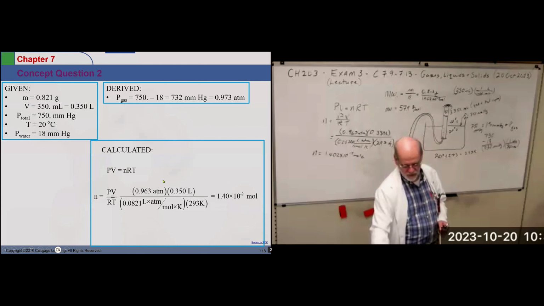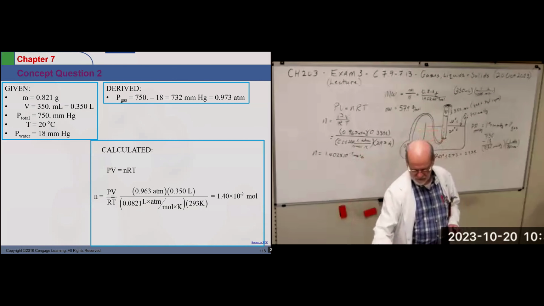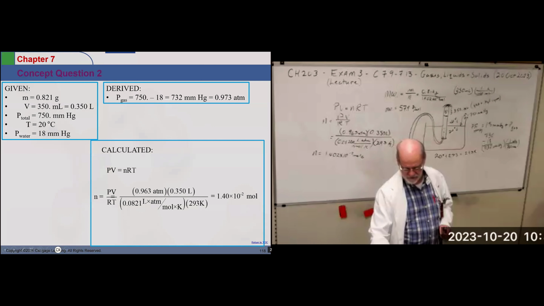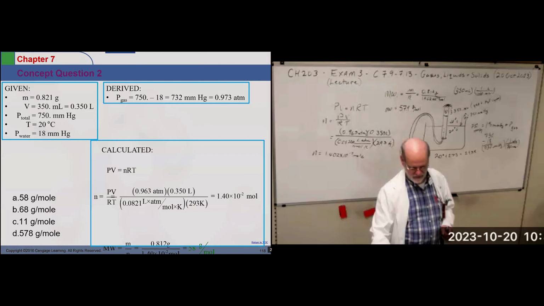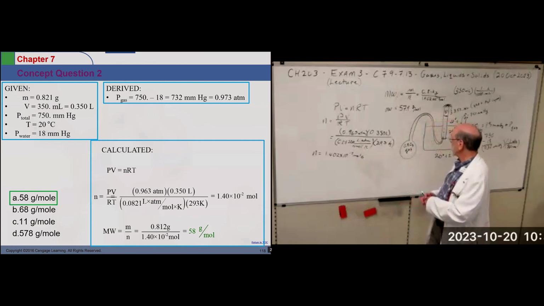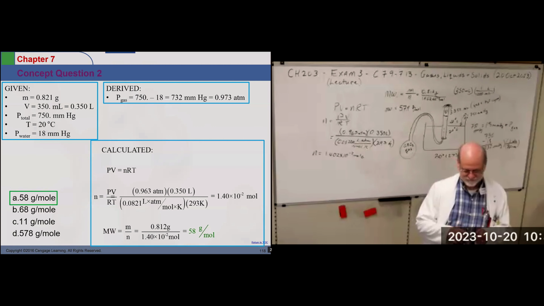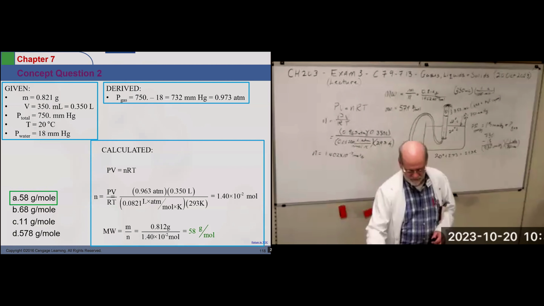All right, then we solve for moles, plug in all our numbers. Yep. I used an extra decimal on my 1.402. All right. Here it is. Rounded off, 58. Okay. I think that's the last one.